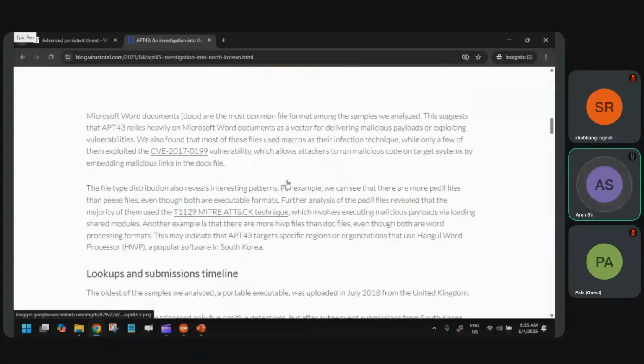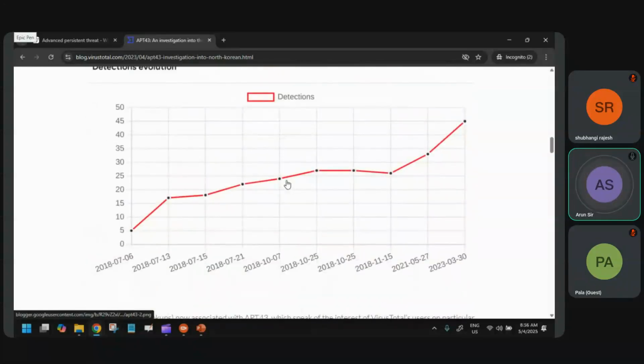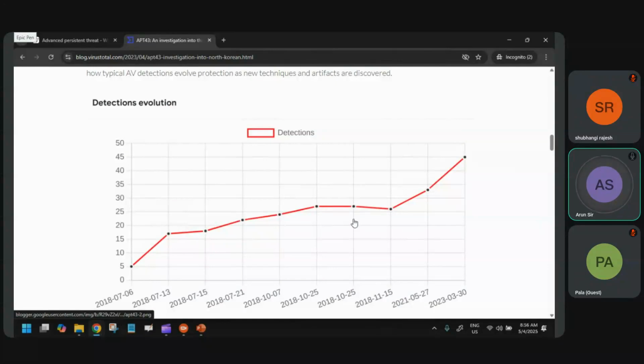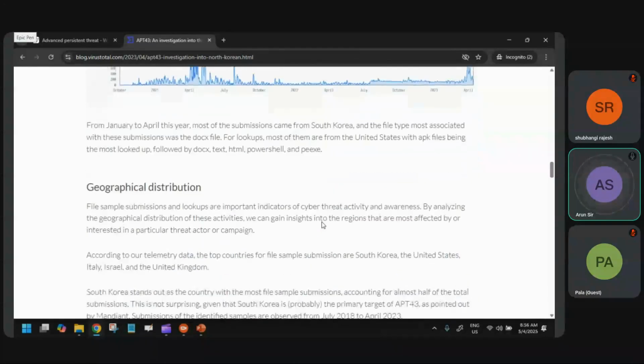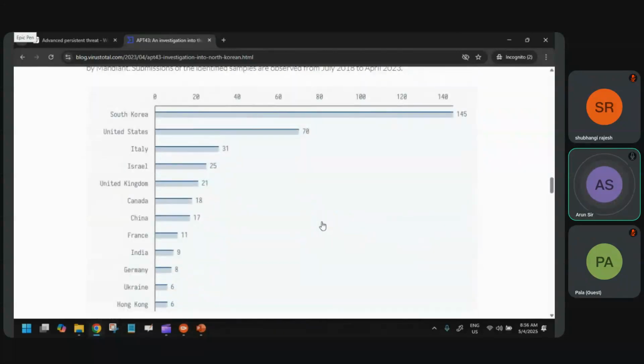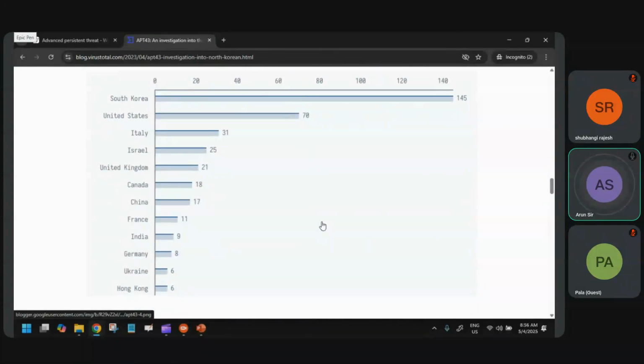There are a lot of issues, and detection evaluation is increasing over the period, along with their patterns and geographical distribution, in which country they have more presence.